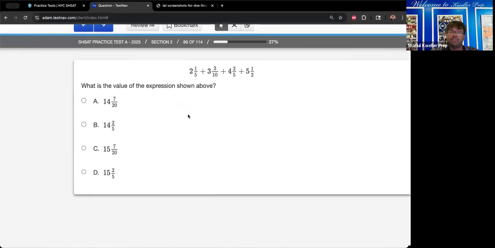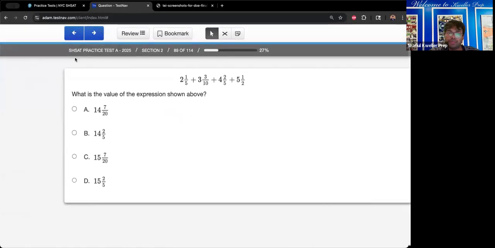It's the value of the expression shown above. Here, you just have to add all the numbers. 2 plus 3 plus 4 plus 5 is 14. Then 1/5 plus 3/10 plus 2/5 plus 1/2. The least common denominator is 10.